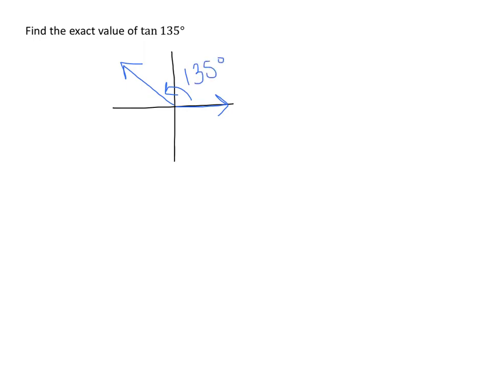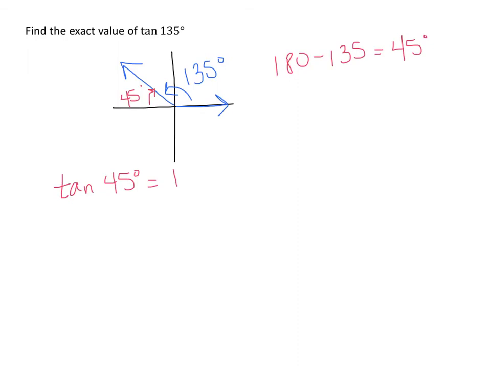I can look at the reference angle here, which is 180 minus 135, which gives me 45 degrees. Well, knowing tangent of 45 degrees is something that we are expected to know, and it's 1.